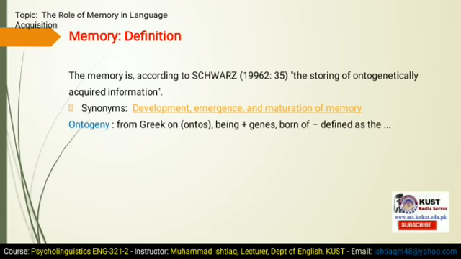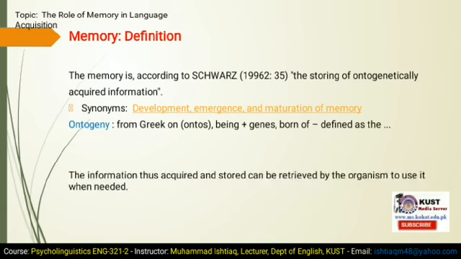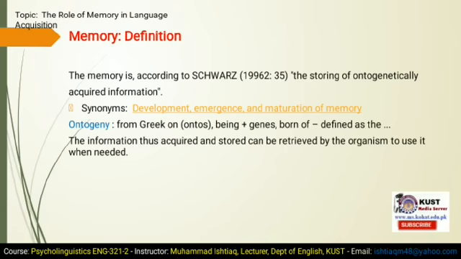Ontogeny is a Greek word. Ontos means beings, genes means born of. So ontogenetically acquired information can be defined as the information which is acquired and stored and which can later be retrieved by the organism to use when needed.